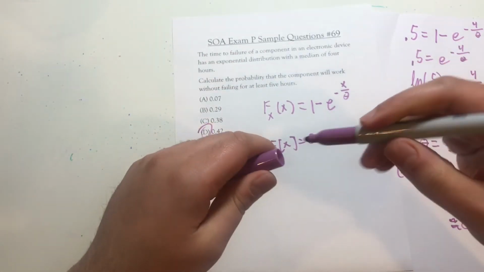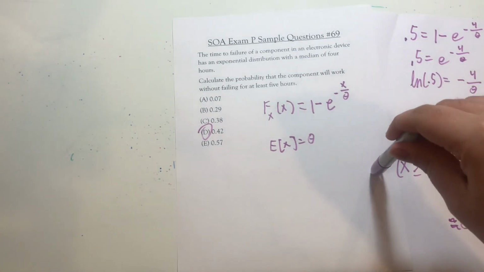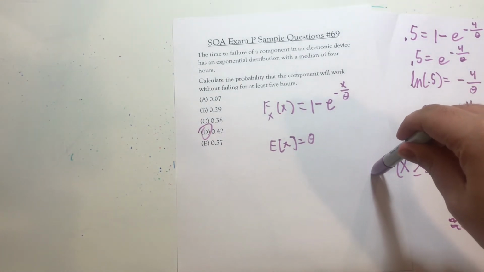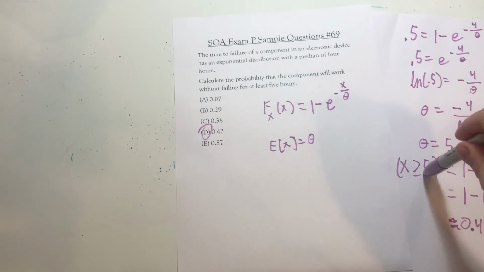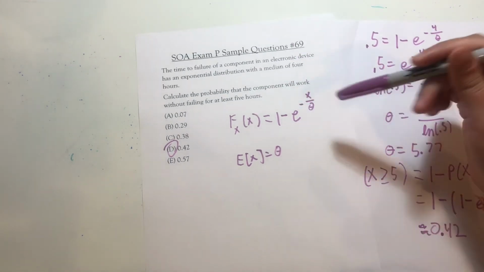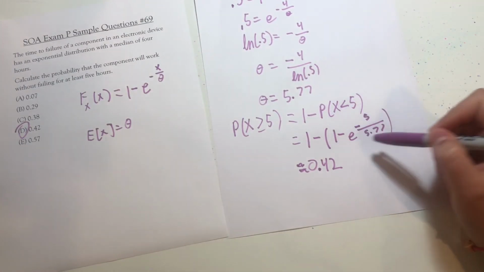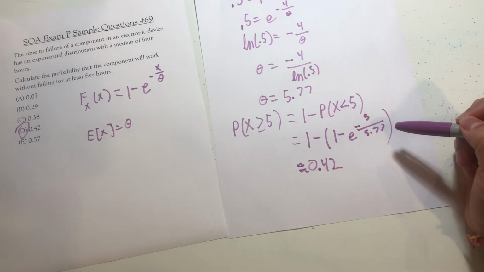You obviously need to know basic stuff about what a median is and what an expected value is, but this question only really needed you to know the CDF formula for an exponential random variable. Here, it gave us the median. I used the median to find what theta is because I needed theta in order to find this CDF of 5.